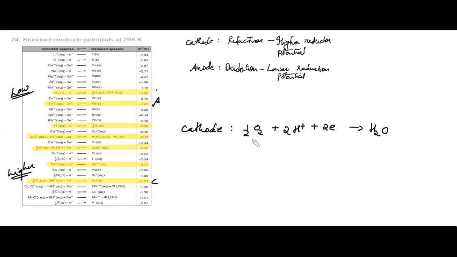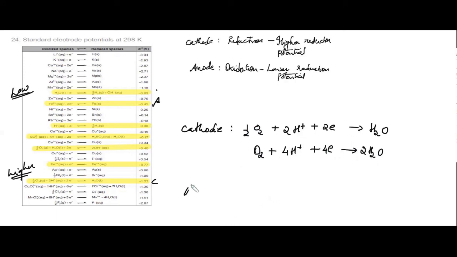In order to remove the half, I can multiply throughout by 2. So I'll be getting O2 plus 4H plus plus 4e gives 2 water molecules. So this would be my cathode reaction.